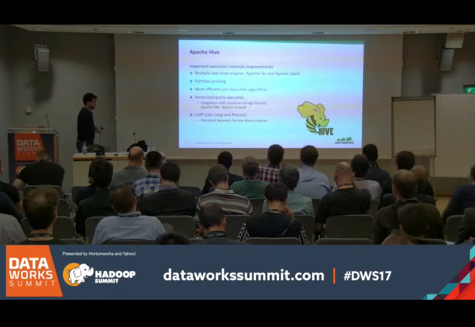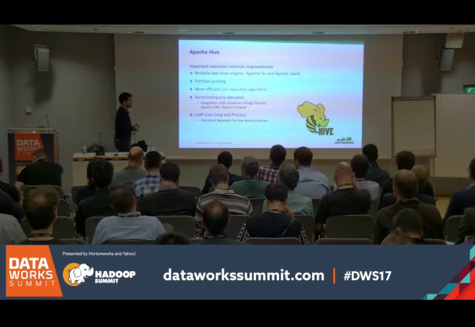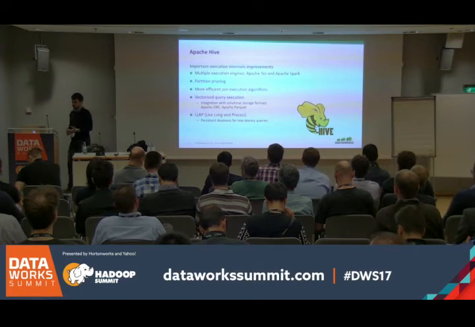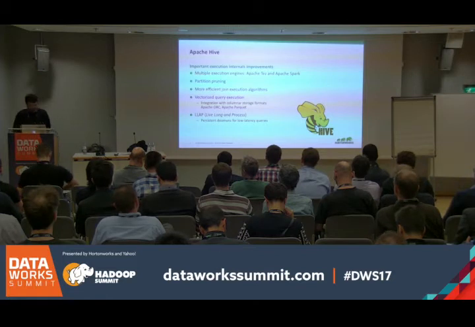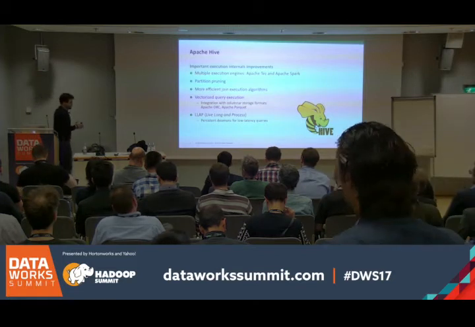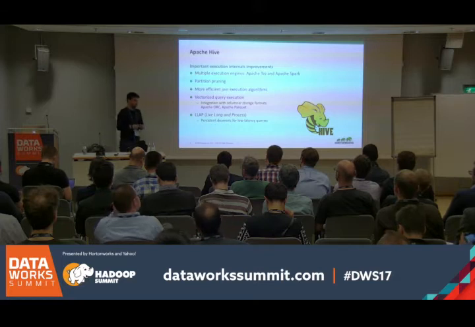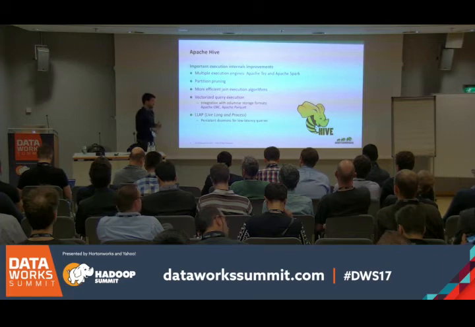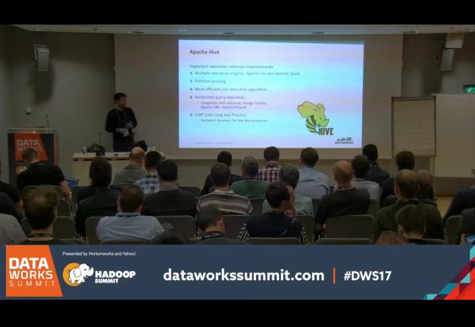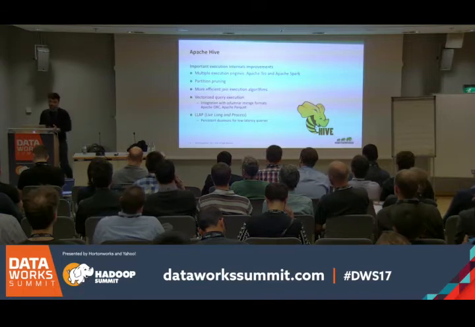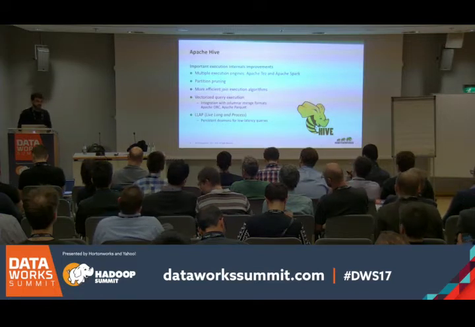There were improvements in the join execution algorithms. Vectorized query execution was introduced, so basically you will have vector batches, and you will be able to execute analytical queries much faster. This also came with integration with columnar storage formats, such as Apache ORC or Apache Parquet.